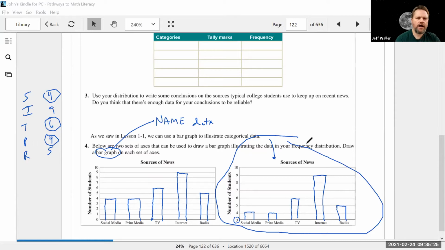And this is a common, now believe it or not, people do this. News stations do this. Sometimes I wonder if they're not bright enough to realize they're doing it wrong, but most of the time I realize they know exactly what they're doing, right? And most people don't even know to look for this. So if I start at something that's not 0, I can make my differences look much bigger than they actually are.